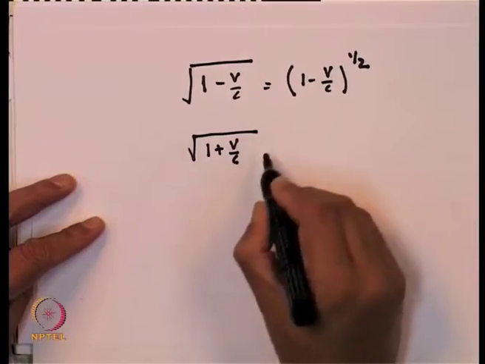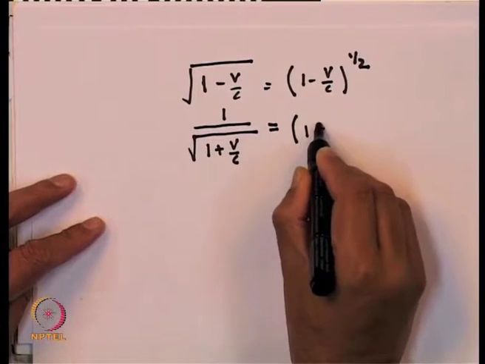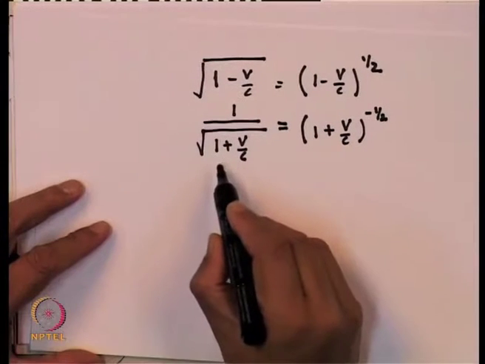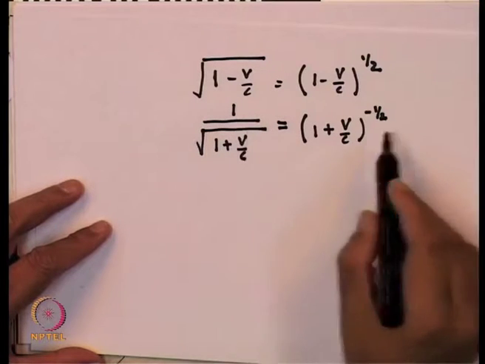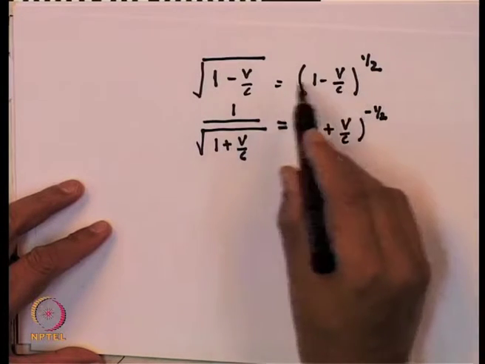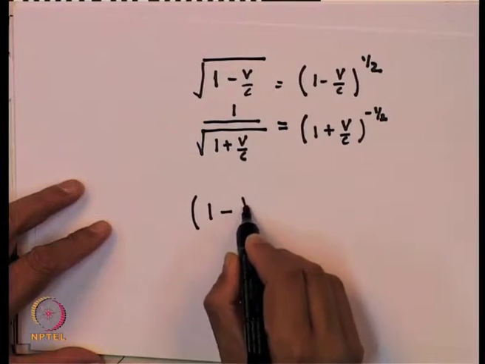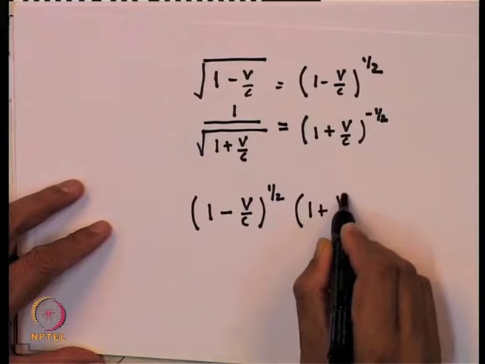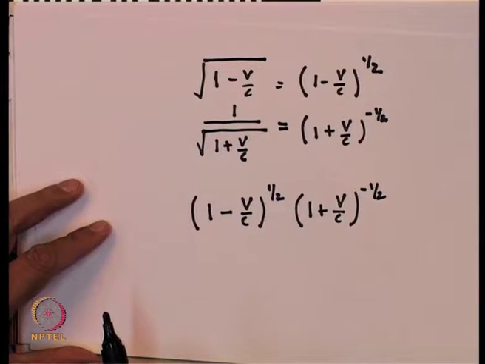When I bring this to the numerator, 1 divided by this can be written as 1 plus v by c to the power minus half, because this was in the denominator and is already under root. Once I take it to the numerator, the power becomes negative. So, when I multiply these two, I will get 1 minus v by c to the power half multiplied by 1 plus v by c to the power minus half. This minus sign has come because this was in the denominator.